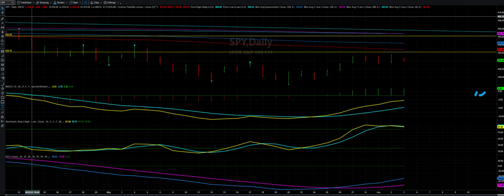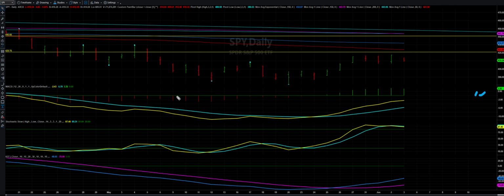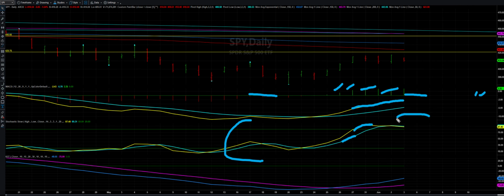It's recycling down and crossing below its signal line. So the MACD is still showing okay momentum. The MACD line has not gotten above the 0 line yet, but the histogram is in the green. That's good. But the stochastic line, the yellow line, crossed below the crayon. That's a bearish crossover and is recycling down toward the 80 level.